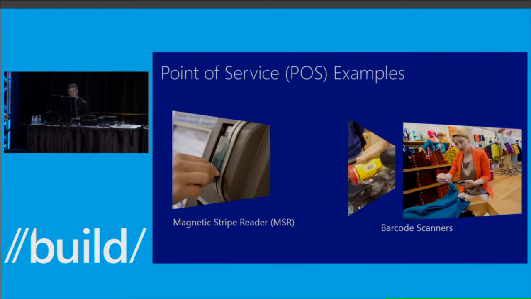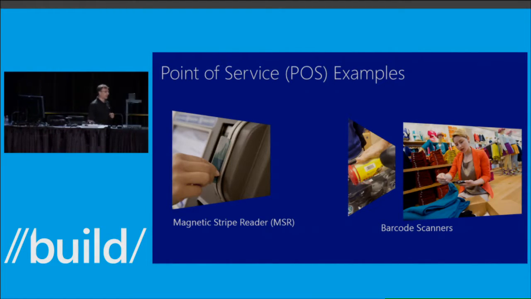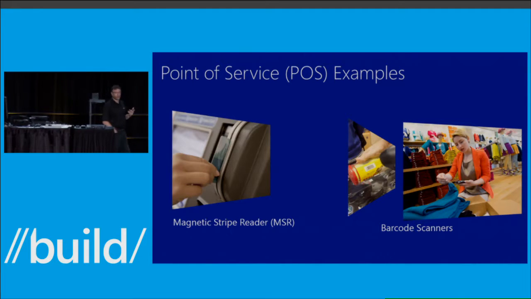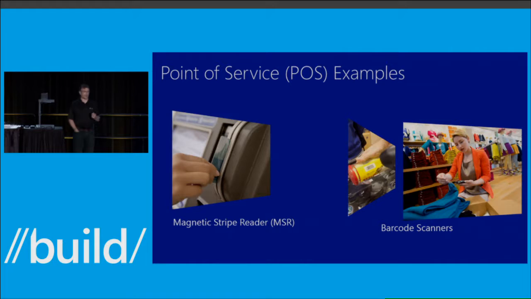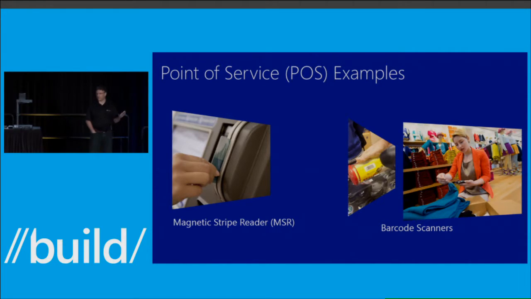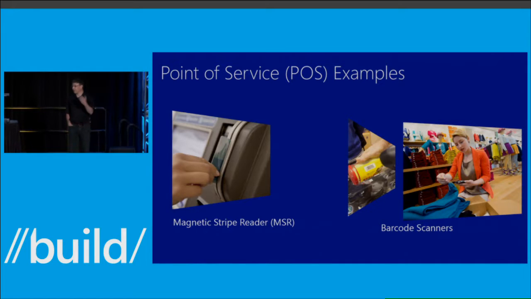One thing I've already mentioned is that we should really be thinking of this not just in general terms of point of sale, but in a much broader category of point of service. I'm pretty sure many of you have flown here through some kind of airport.